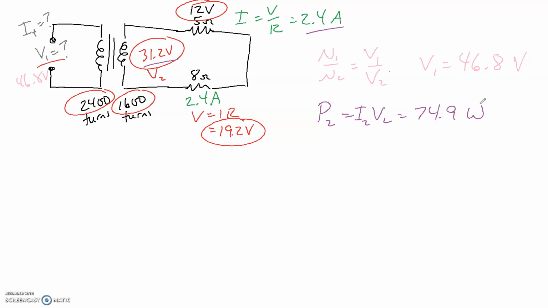Now remember, that is the one thing that stays the same. Power 2 has to be equal to power 1, which is equal to I1 times V1. So I have my V1, that's the 46.8.